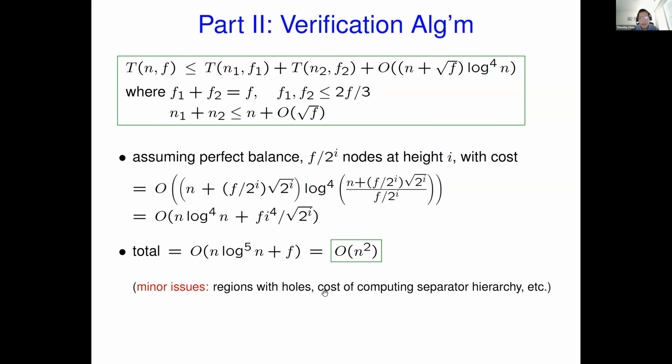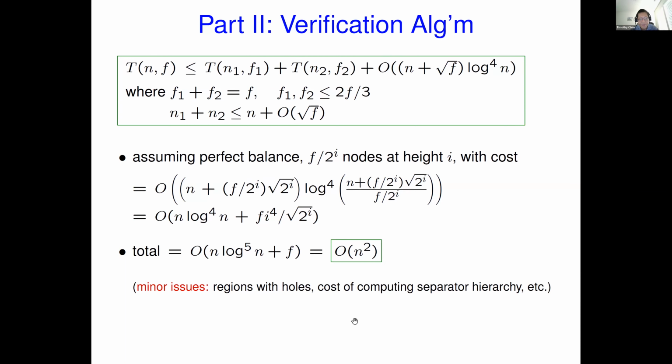Also, we have overlooked the cost of computing the separator. Computing one separator might take linear time, but you're computing a whole hierarchy, and if you're not careful, then you get f log f, which we don't want. But all these issues can be fixed if you just apply the right known results on planar graph separators in the literature.